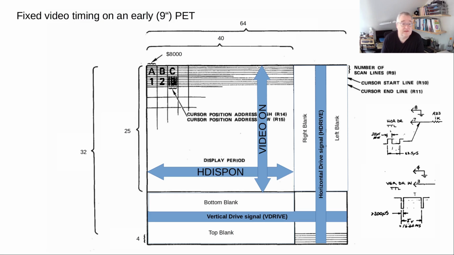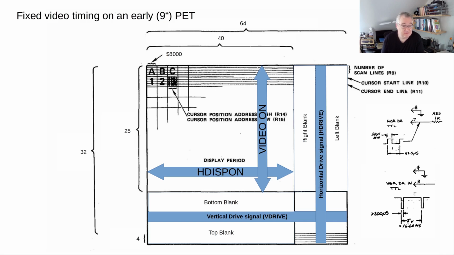What is interesting is, if you look here, the timing of that signal. The horizontal drive for those video monitors needs to be 20 microseconds for the retrace and 63.5 microseconds for the actual display, which in the end ends up 64 microseconds if you look at the schematics later.